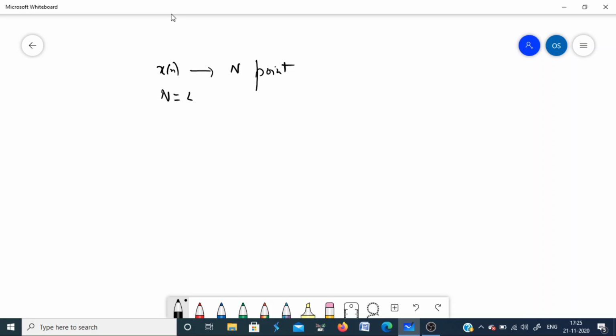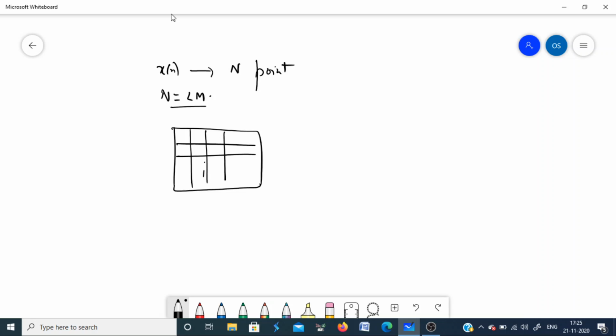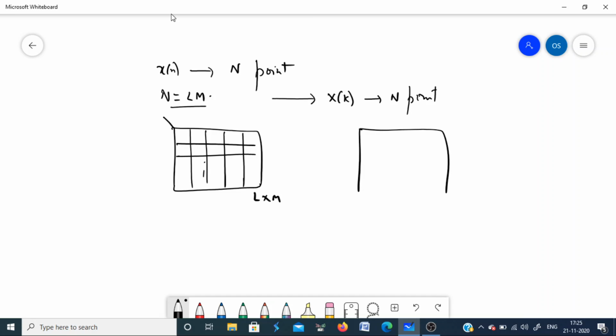We have decomposed N into two factors and stored this one-dimensional data in a two-dimensional array of order L cross M. Similarly, its DFT X of k is also of N points, so the output can also be stored in a matrix of L cross M, either using the row wise mapping or the column wise mapping again.